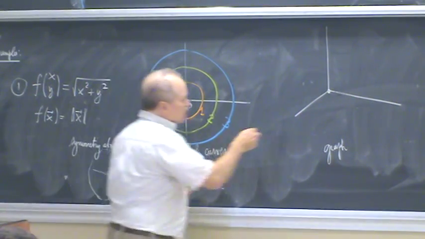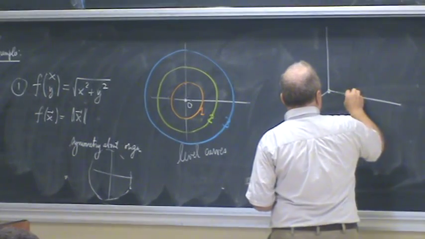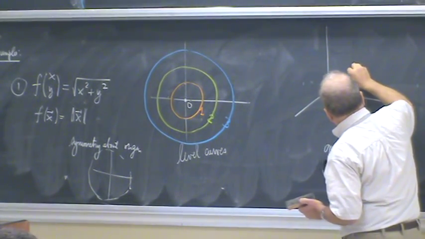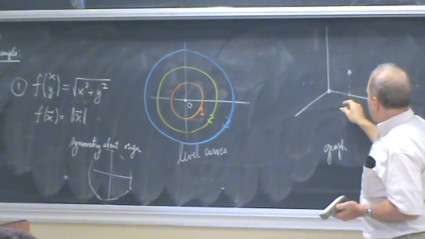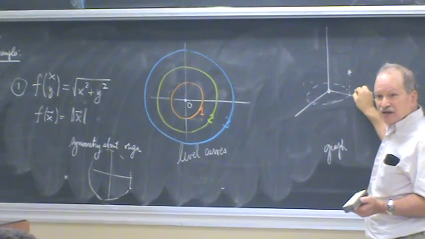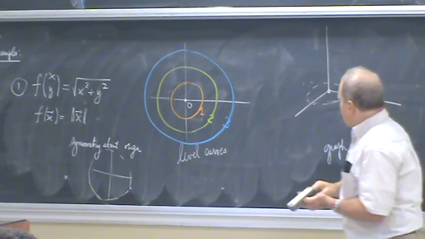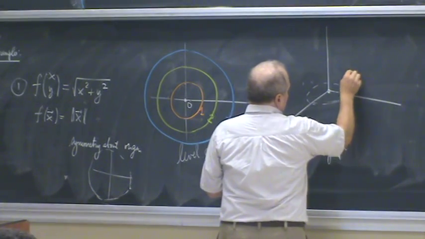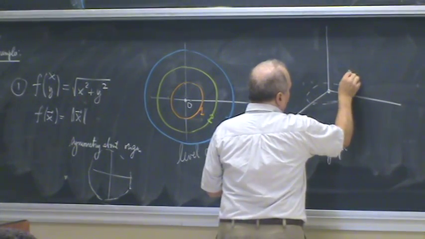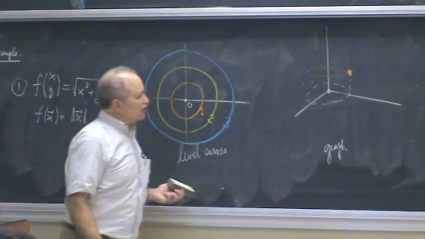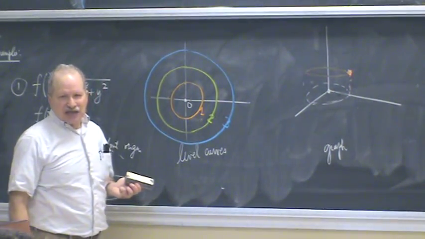So whatever the height is over here, it's got the same height at all the points that are the same distance from the origin as that point is. In other words, if I go a distance 1 here, then the value of the function is 1, and everywhere on a circle centered at the origin, I'm at the same height.